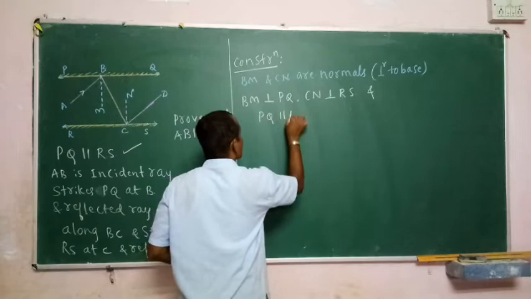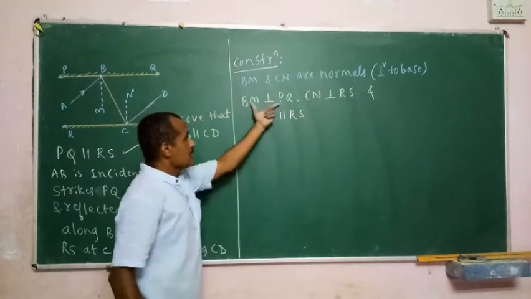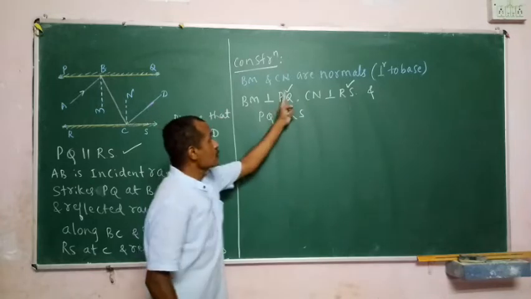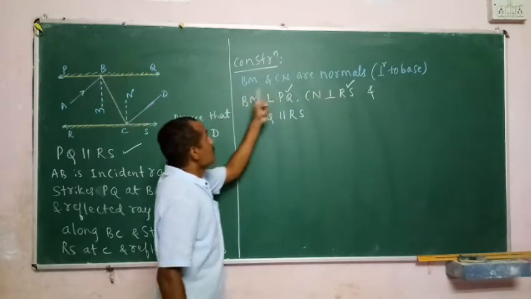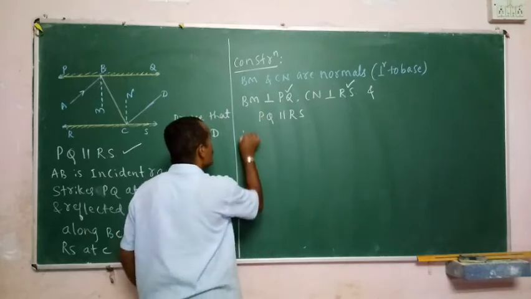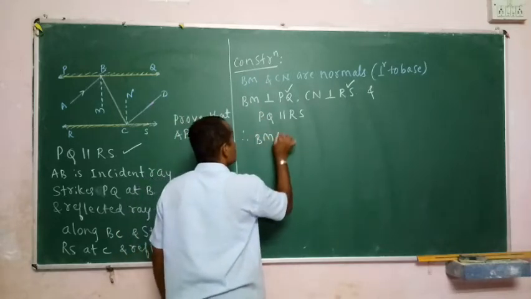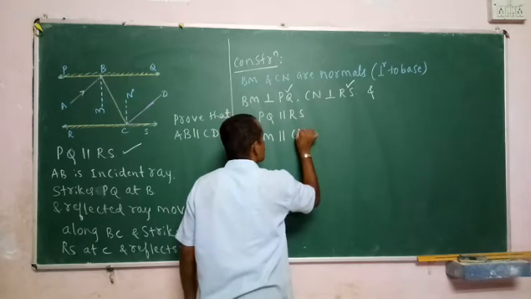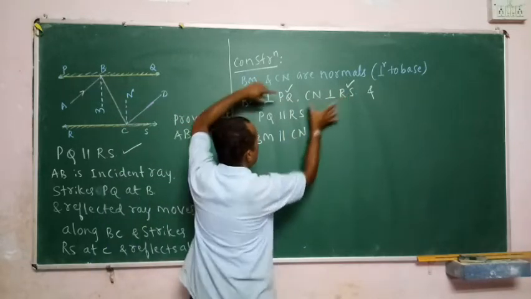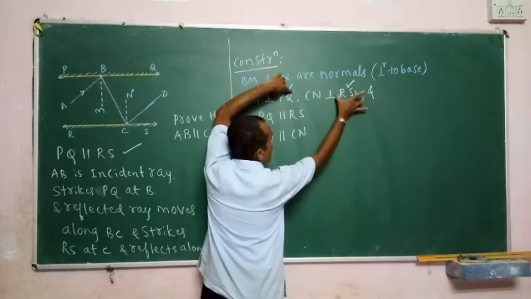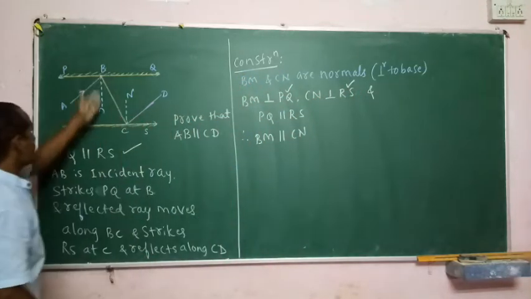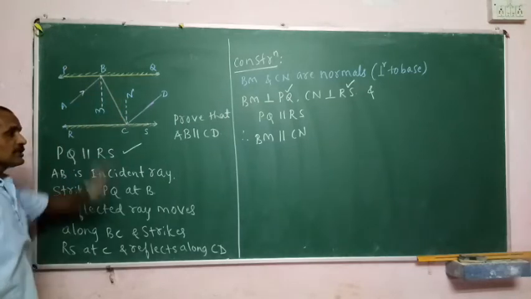These two are parallel, that means these two perpendiculars must also be parallel to each other. Therefore, I can say BM is also parallel to CN. Very simple.